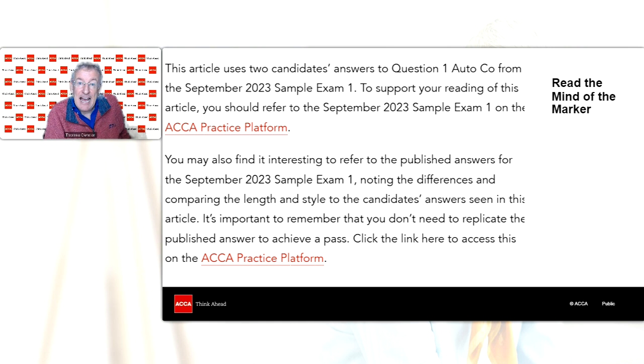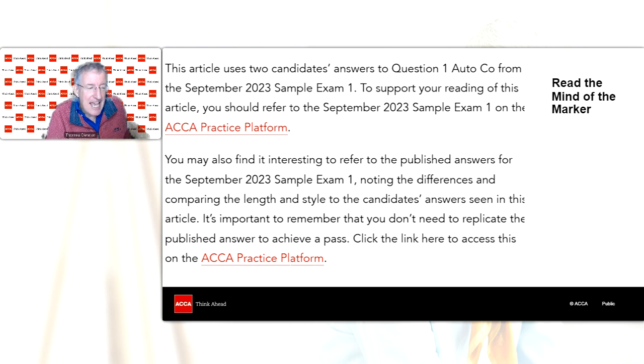And they have produced material which shows you student answers and goes through and shows how the marks were awarded for 2 student answers.